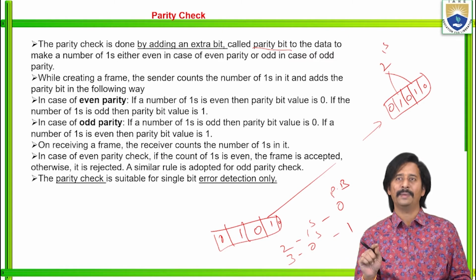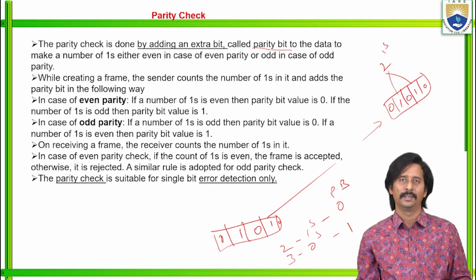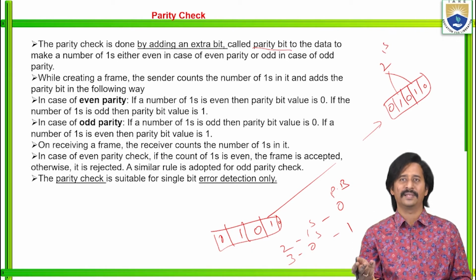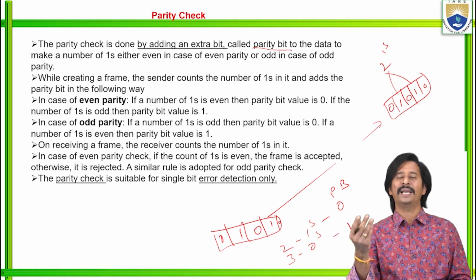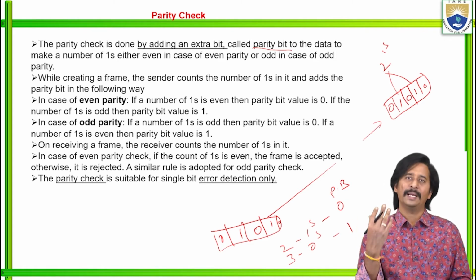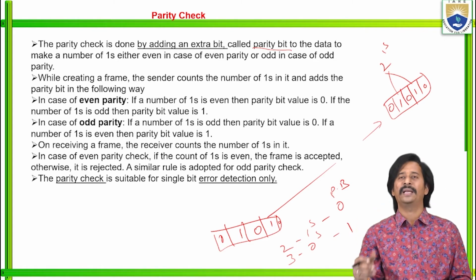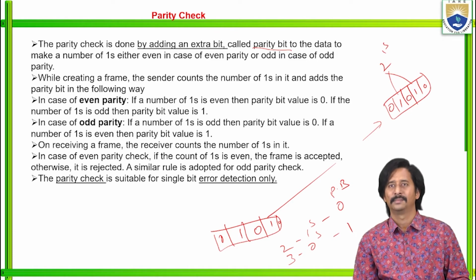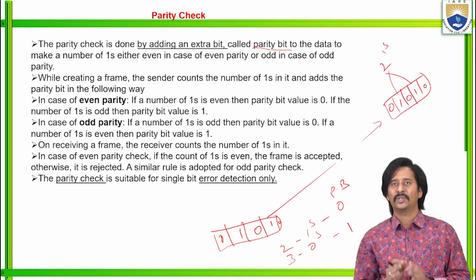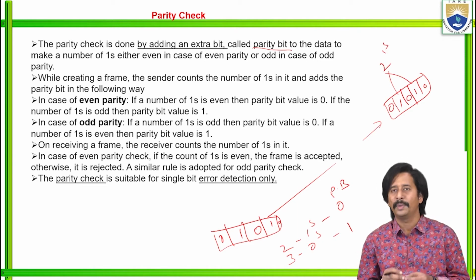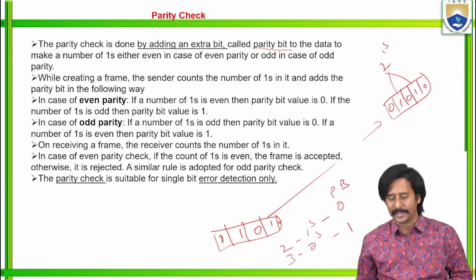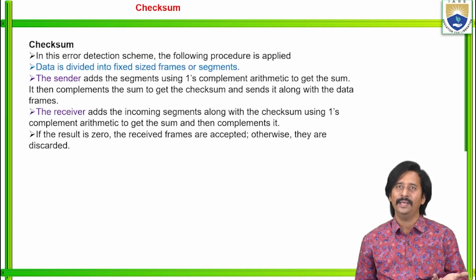So simple. In case of odd parity, reverse. If the number of ones is odd, then the parity bit value is 0. If the number of ones is even, then the parity bit value is 1. So this technique, the parity check mechanism, is suitable for single bit error detection only. What is the next one? Checksum.